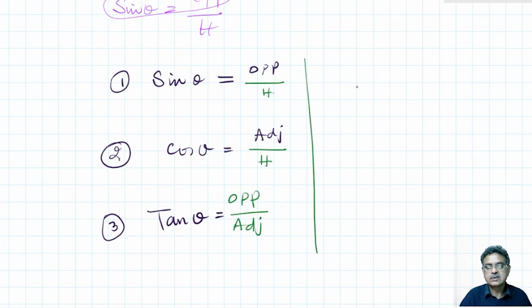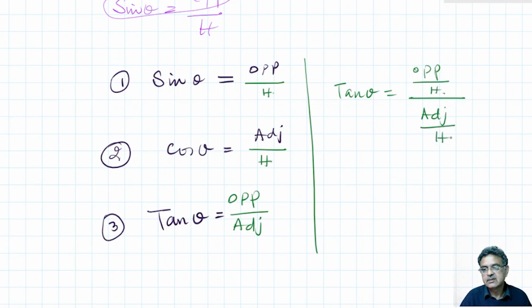Now one final thing, and today's conclusion. Since tangent theta is opposite over adjacent, if we divide both the opposite and the adjacent by the hypotenuse, mathematically, by the rules, it does not make a difference if we divide both numerator and denominator by the same value, it remains unchanged.